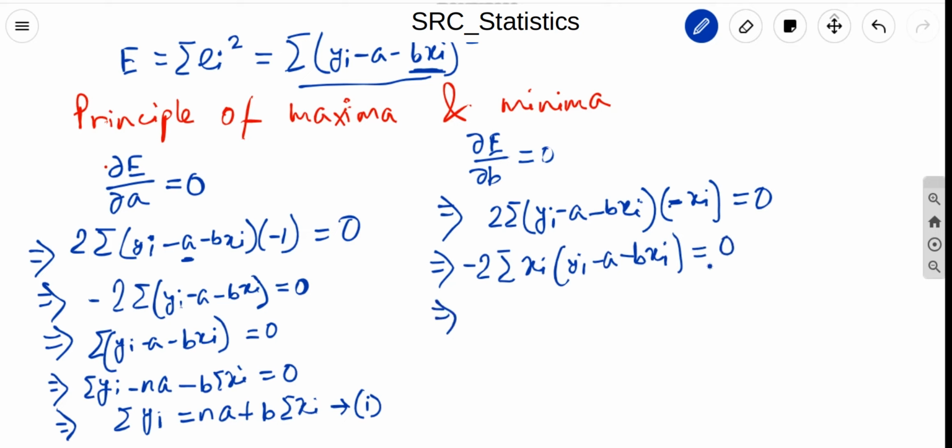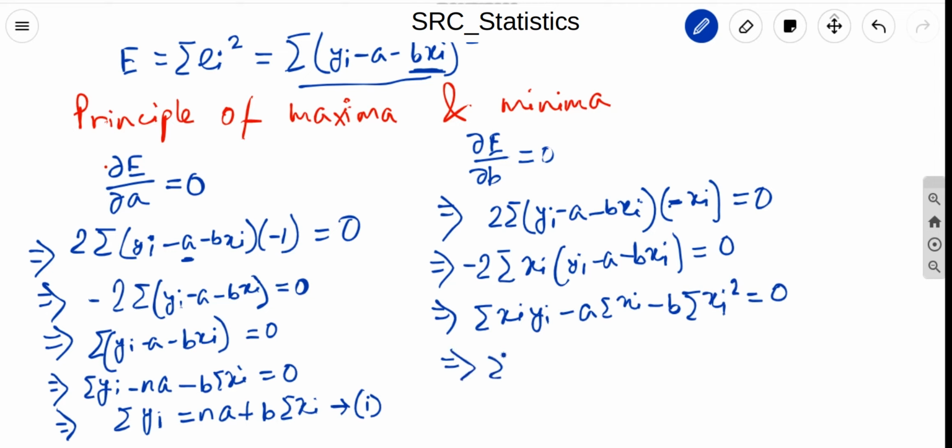Sending minus 2 to the right-hand side and removing the bracket, we get summation xi yi minus a summation xi minus b summation xi square equal to 0. Xi multiplied by xi gives xi square.